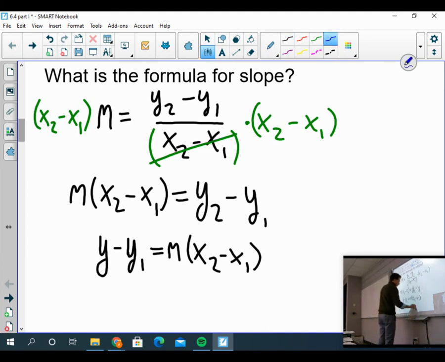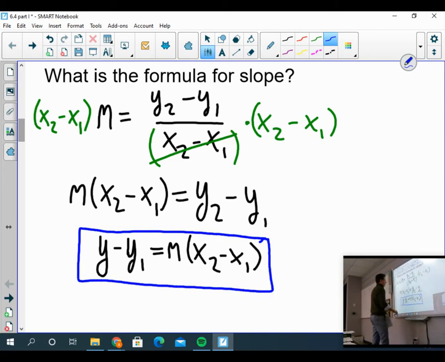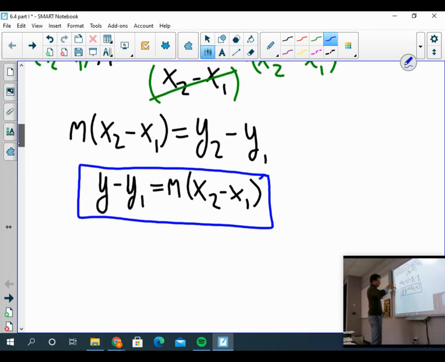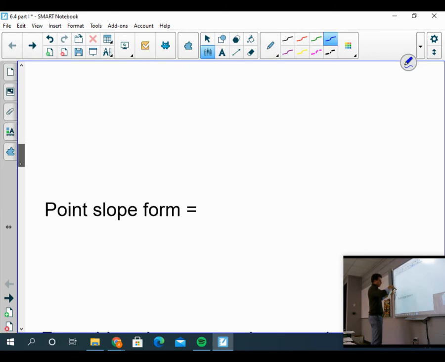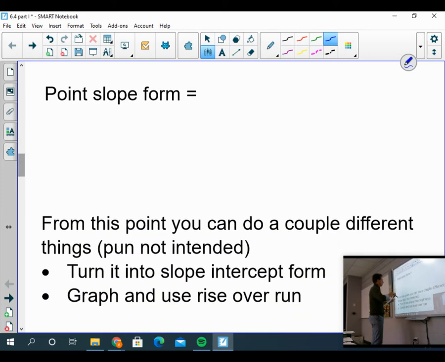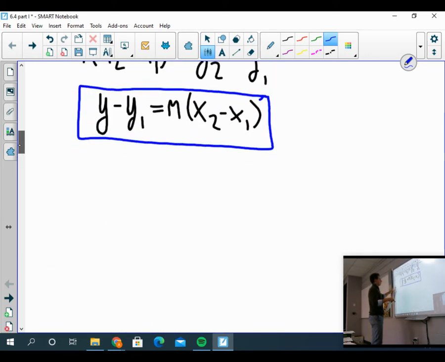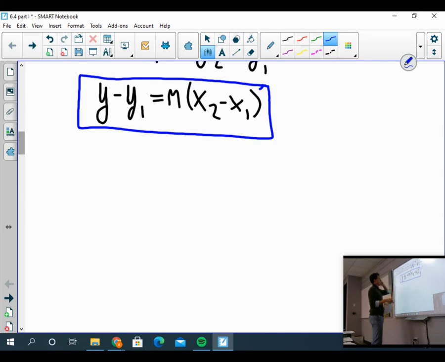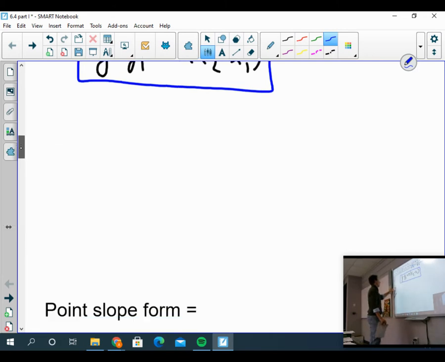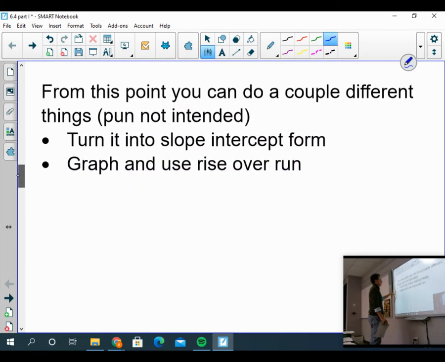This right here is known as, and again, I've just slightly rewritten it from what we did above, point slope form. Point slope form. Okay? Again, point slope form, write it down right here: y minus y1 equals m times x minus x1. It's our third formula for the equation of the line, and our last formula we're going to learn.